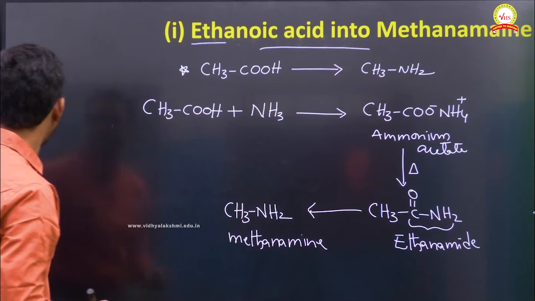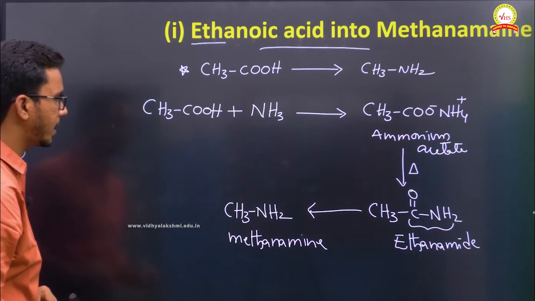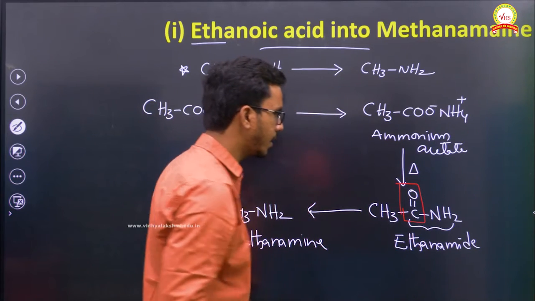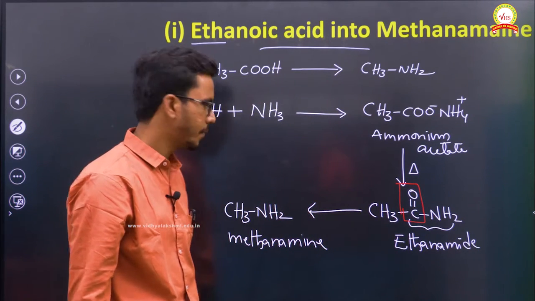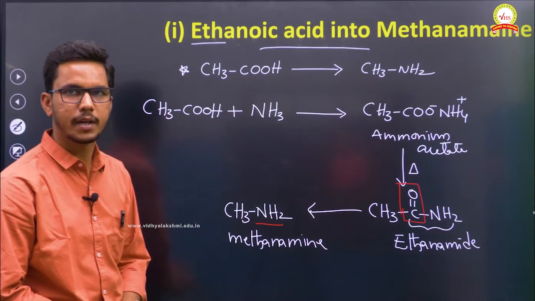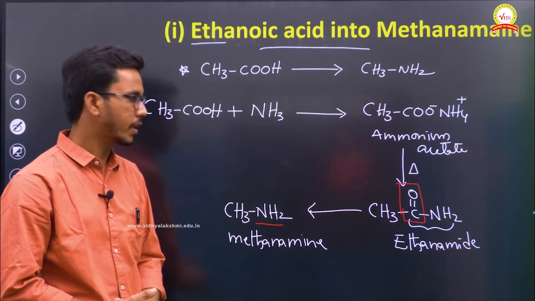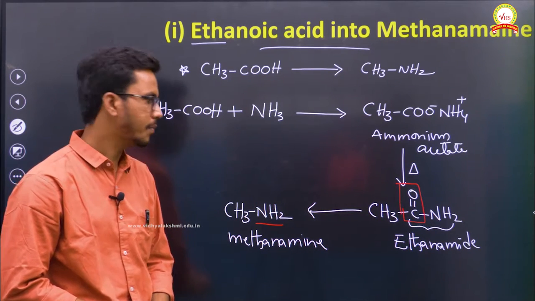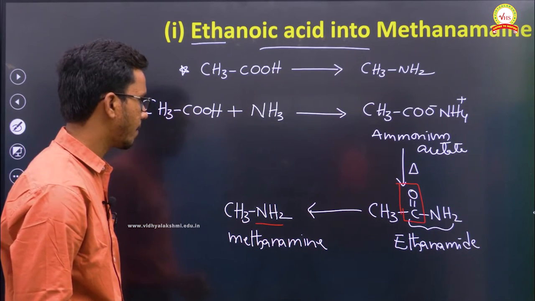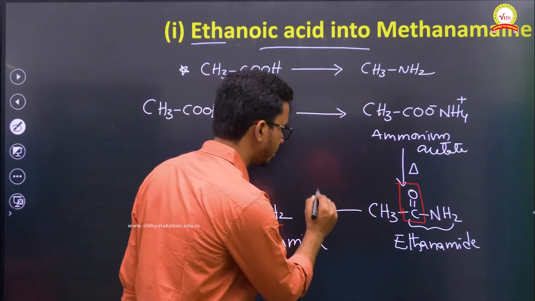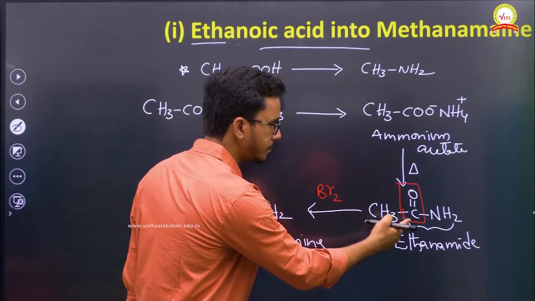What is the change we can observe here? The C double bond O group has been removed from the amide, and it is turned into just an amine, right? The best named reaction we can use here is the Hofmann bromamide degradation reaction. Bromine we have to use with the amide.